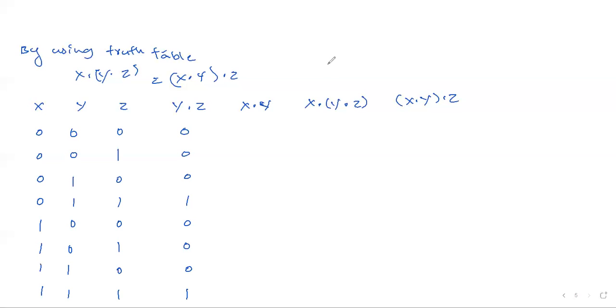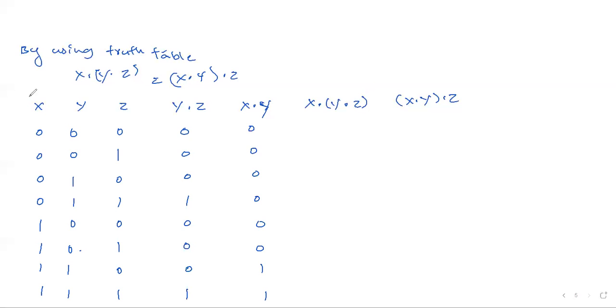Now we will see X and Y. 0 and 0 is 0, 0 and 0 is 0, 0 and 1 is 0, 0 and 1 is 0, 1 and 0 is 0, 1 and 0 is 0, 1 and 1 is 1, 1 and 1 is 1.